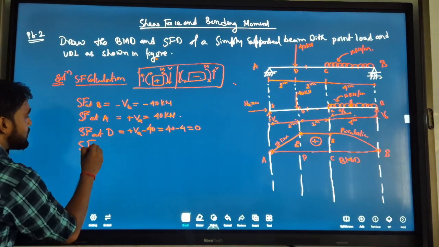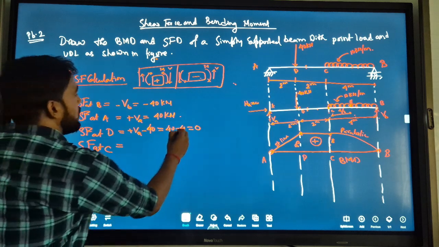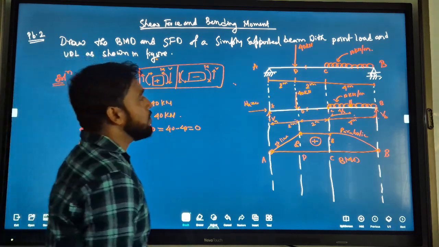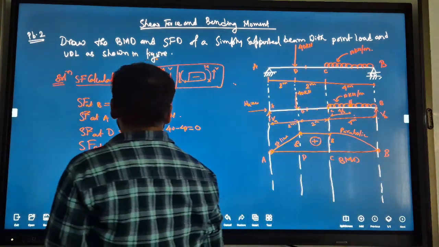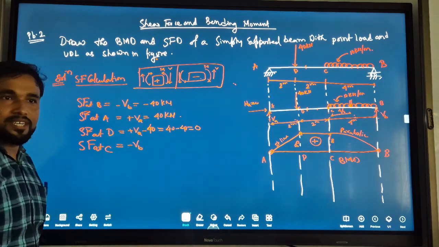Now shear force at C, what will you see? Look towards B. So minus VB plus the UDL part.